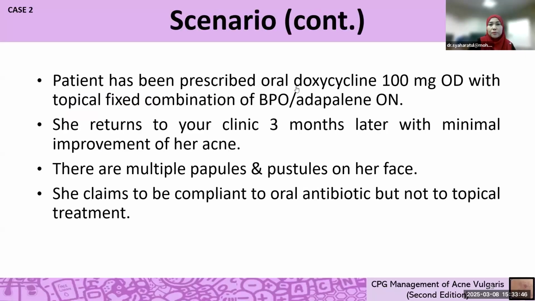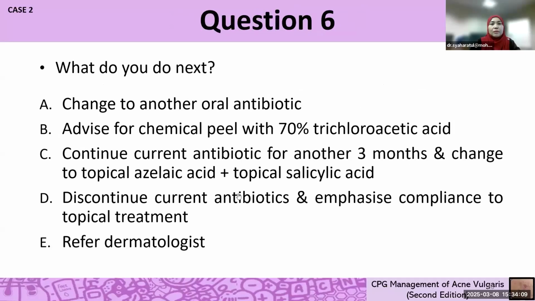The patient was prescribed oral doxycycline 100 OD with a topical fixed combination of BPO and adapalene at night. She returns to your clinic 3 months later with minimal improvement of her acne. There are multiple papules and pustules on her face, and she claims to be compliant to the oral antibiotic, but not to the topical treatment. So what would you do next? Remember, this patient is already on an oral antibiotic and also on the fixed combination of BPO and adapalene.